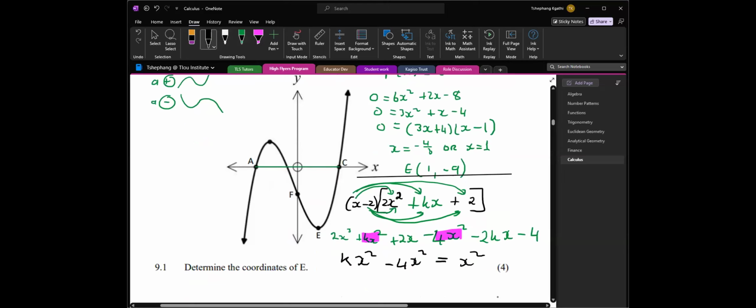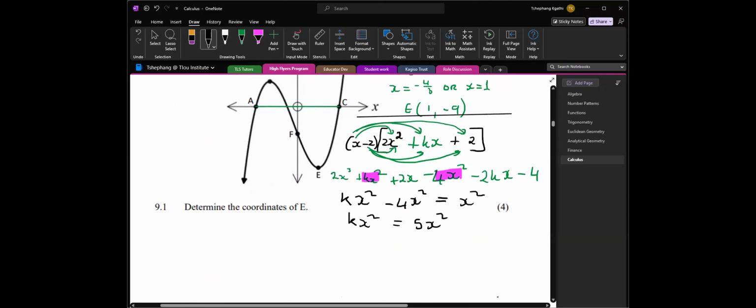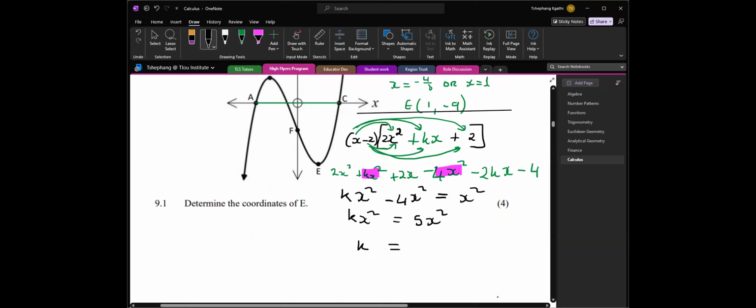Then I can solve for k. Kx squared equals 5x squared, which means that k is equal to 5 if we divide both by x squared. Now we're winning because we have x minus 2 into 2x squared plus 5x plus 2.